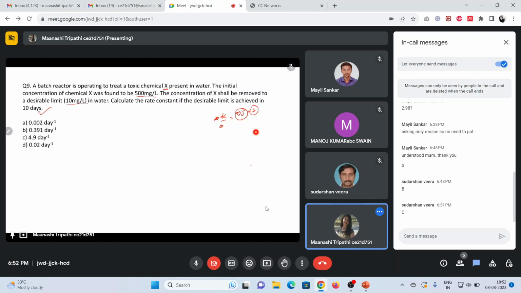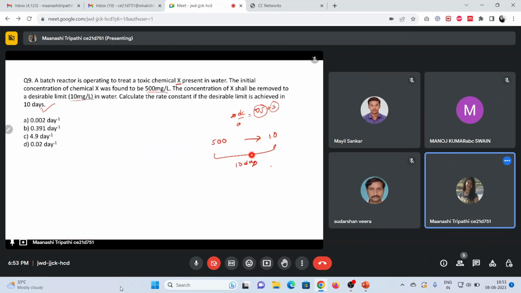Very simple question. 500 was there, we want it to be 10, in 10 days. So how fast should the reaction proceed in a batch reactor? Please try to solve this question and we'll see the solution in a minute. I will take 2-3 minutes to solve the question.